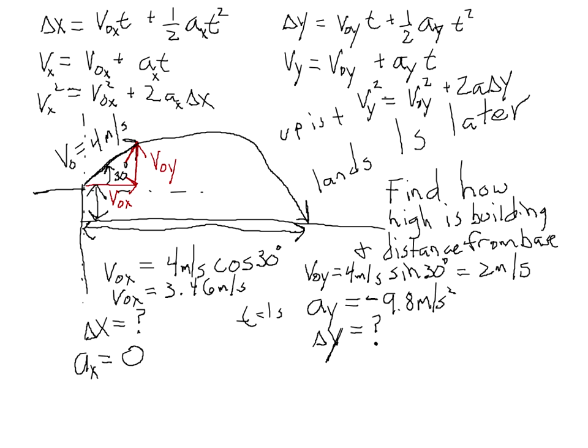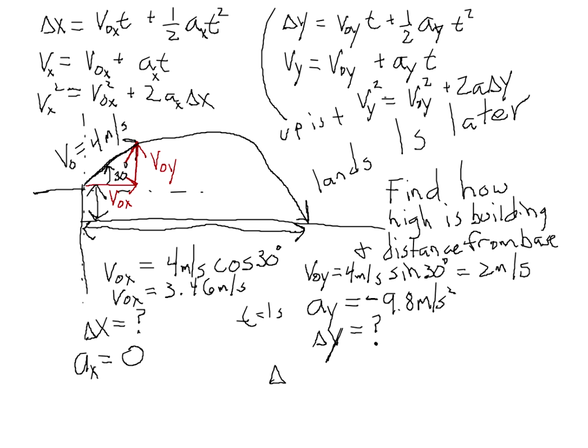Delta y. So we need to look at the set of kinematic equations that we wrote down for the y direction, these, and see which one should we use. So it looks like the first one is going to work. Delta y equals v0y t plus 1/2 ay t squared.